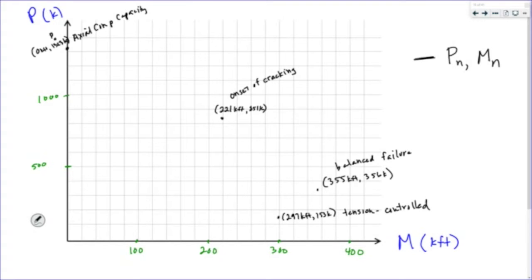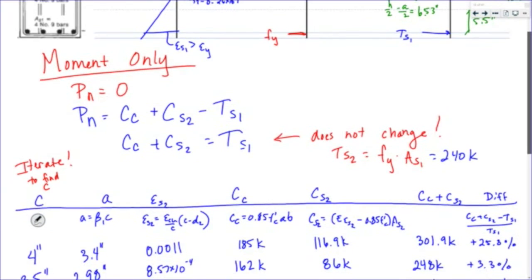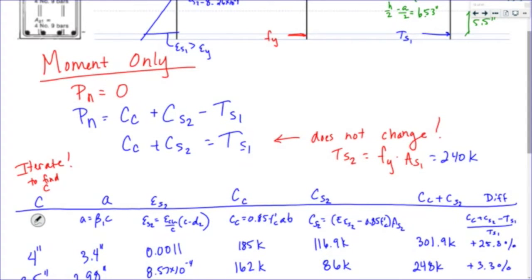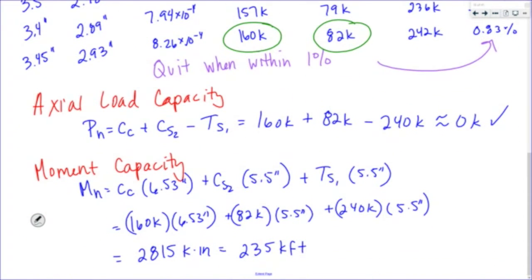And our final one is we just did moment only. So no axial load, our PN is 0. We got our moment to be 235 kip feet.